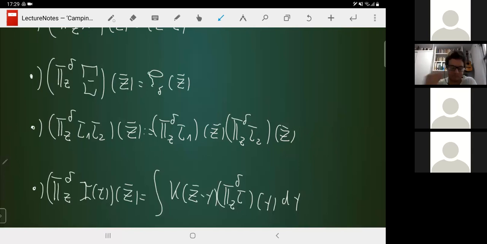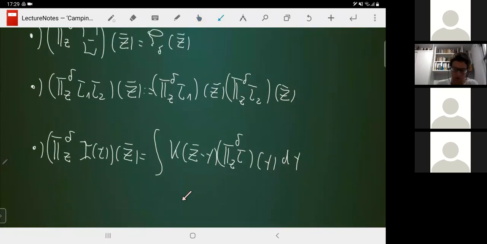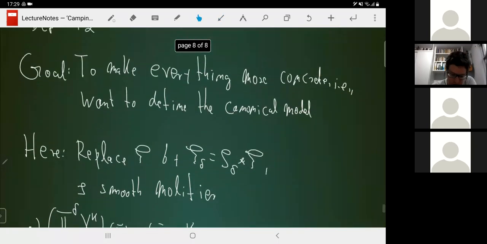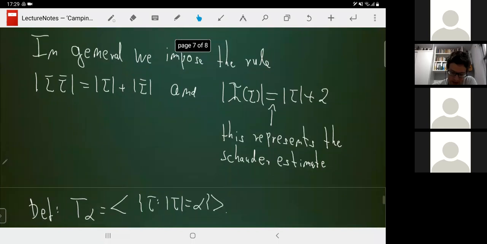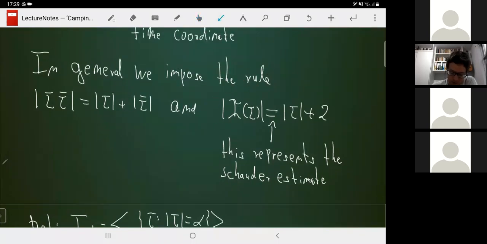Okay, but let's go back to this guy. This seems to be the natural definition, right? So I of tau: we're saying that the order of this should be the order of tau plus 2.